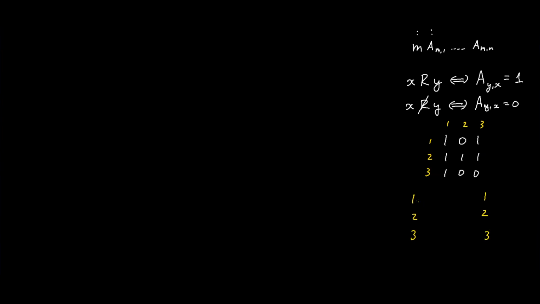Well, to decide whether 1 is related to 1, I look at the entry at 1, 1. It's 1, so that's related. So I put an arrow like that. Now, 1 will be related to all these values where I have entry 1. So actually, it's related to everything. Let's look at 2. Well, I see 2 is only related to 2. And 3 is related to 1 and 2.